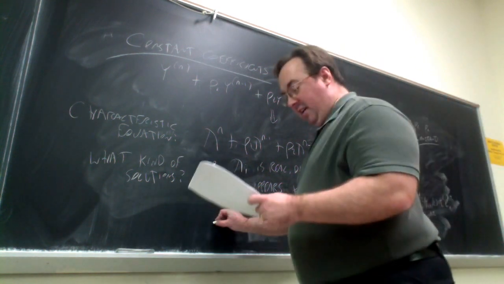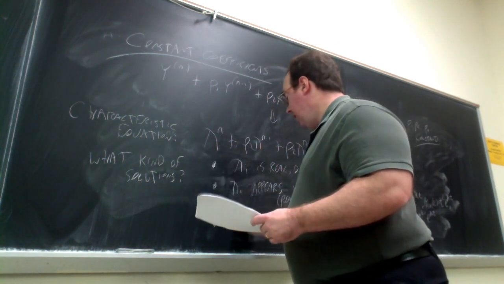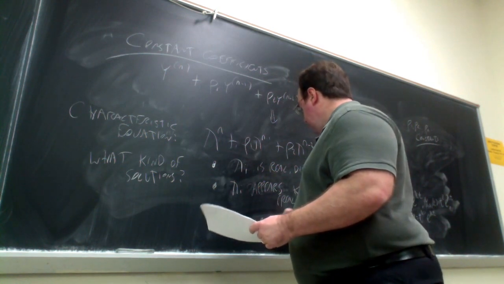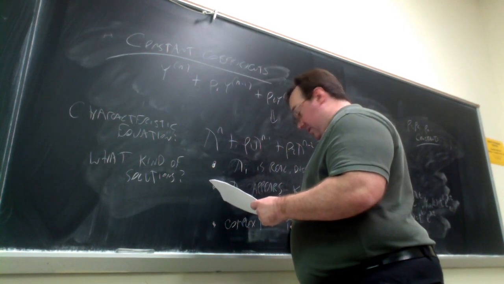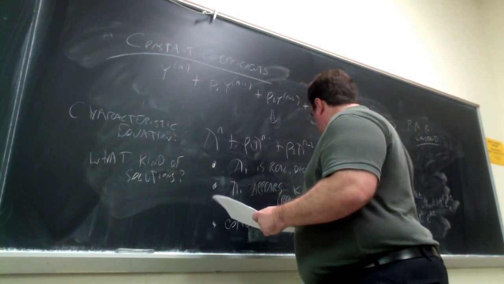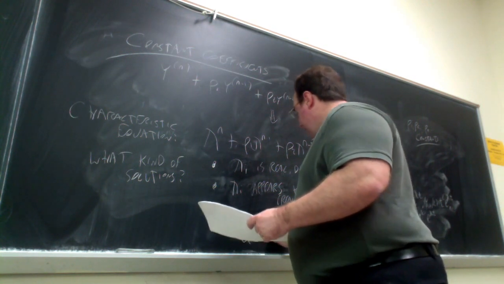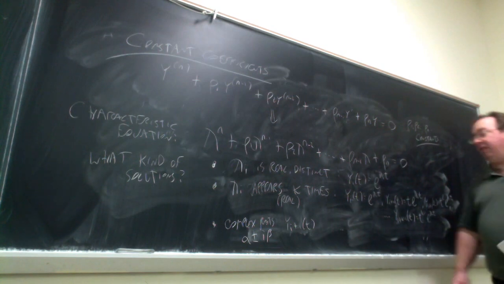Now, if we have complex roots, alpha plus or minus i beta. Just like before, they have to occur in complex conjugate pairs.